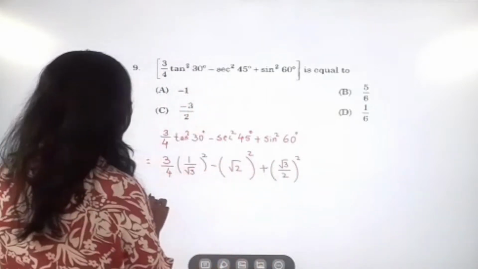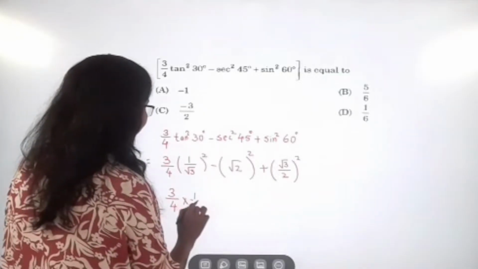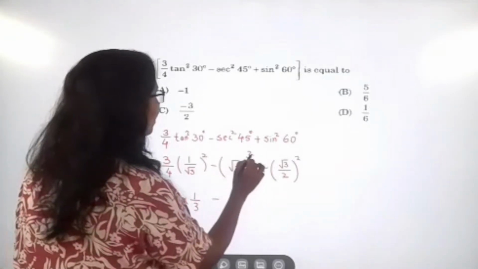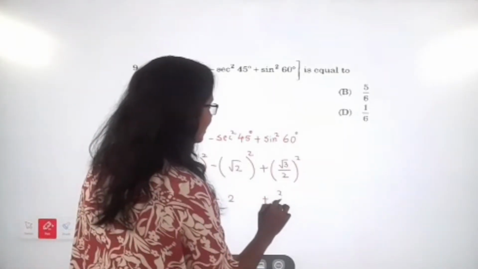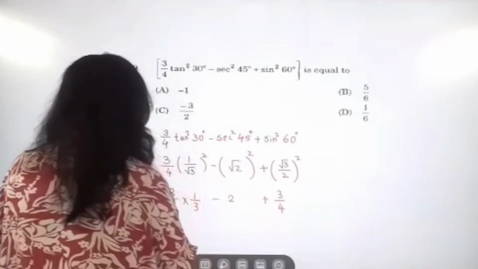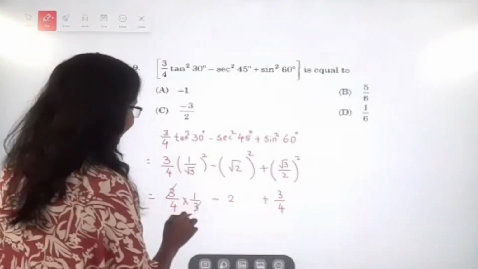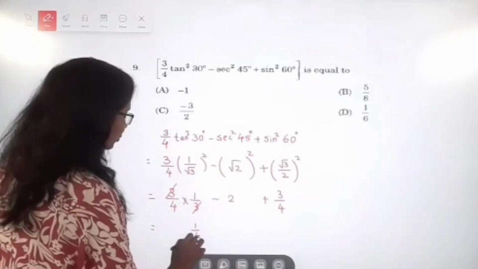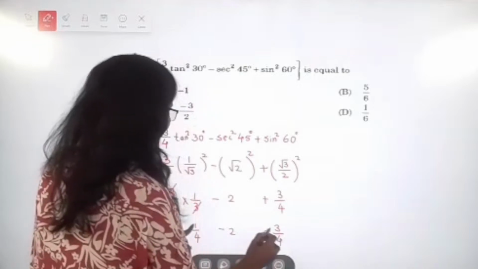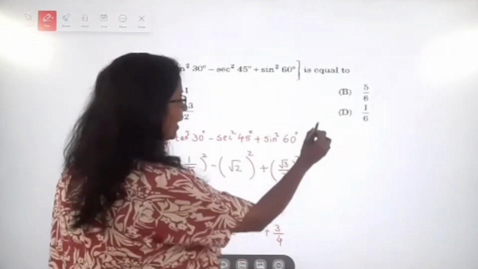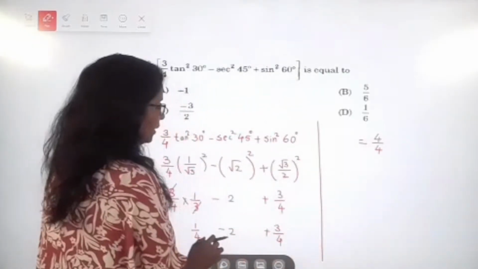So now here students, see 3/4 and the square of 1 upon root 3, that means 1/3, minus the square of root 2, that means 2, and the square of root 3 upon 2, that means 3/4. Here the 3 gets cancelled and we have 1/4 minus 2 plus 3/4. Now 1/4 plus 3/4 is 4/4, which is 1, and then the minus 2.